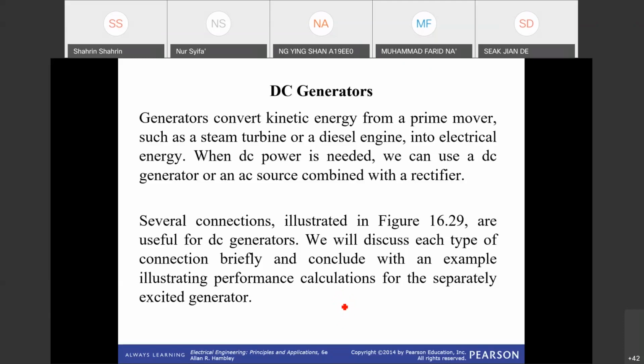Okay, so for this, we have the shunt generator, series generator, and separately excited DC generator. But for this syllabus, we only concentrate on the separately excited DC generator.